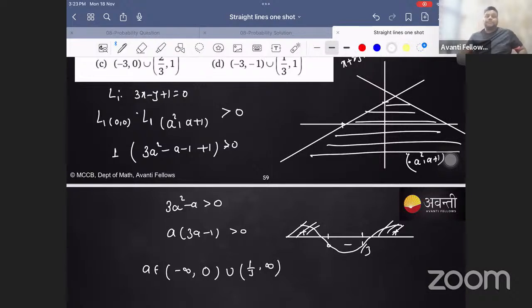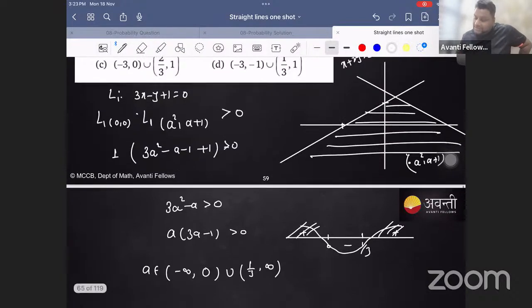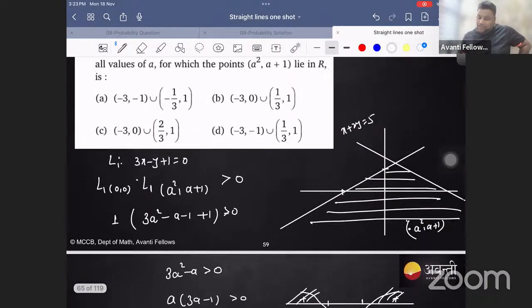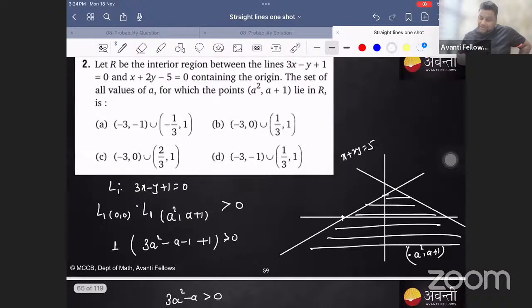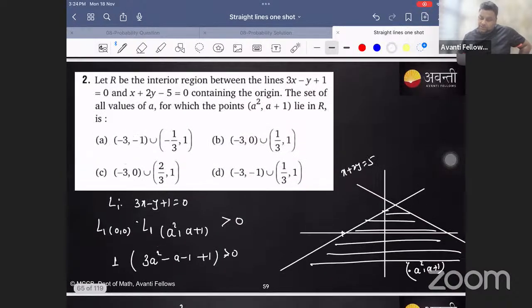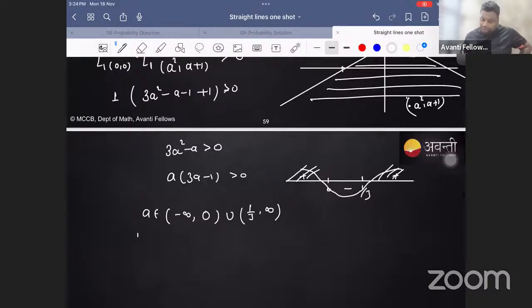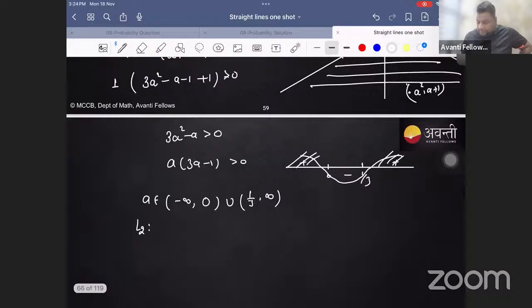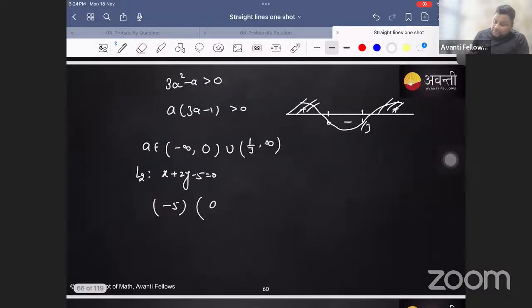Got it? Now, for the second line, again, both points, origin and (a square, a plus 1), should lie on the same side. So for L2, that is x plus 2y minus 5. With (0, 0), we are getting minus 5. And with (a square, a plus 1), it will be a square plus 2a minus 3.